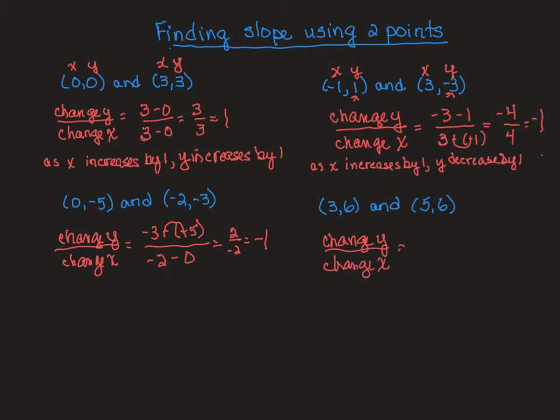Okay, and here's what we have. Look at this. We have 6 minus 6 and 5 minus 3. And so we have 0 over 2. And 0 over 2 is 0. So the slope is 0. There is no slope.